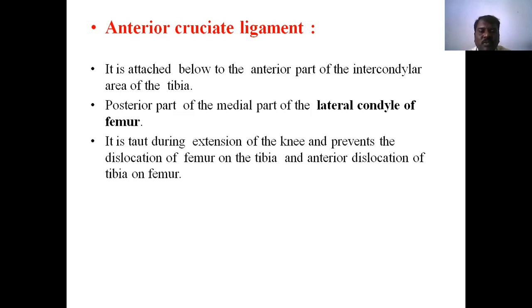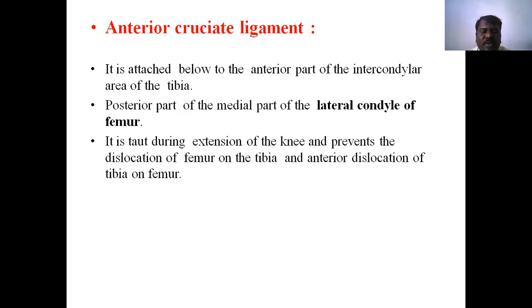In front of this intercondylar area, the anterior cruciate ligament is attached on the tibia. It extends posteriorly, that band reaching the medial surface of the lateral condyle of the femur.